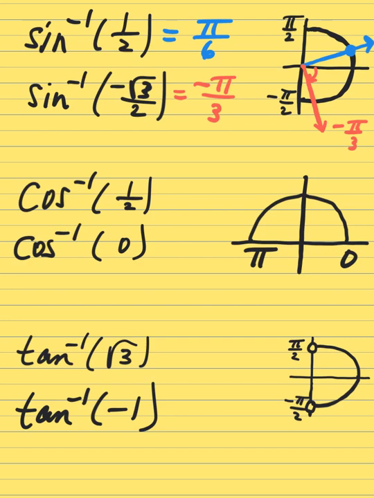Moving to the next group, cosine inverse of positive half. With cosine inverse, you look for the angle that has an x-coordinate that's given. Where's the x-coordinate of positive half? That's right, up here at 60 degrees, in radians, that's pi over 3.